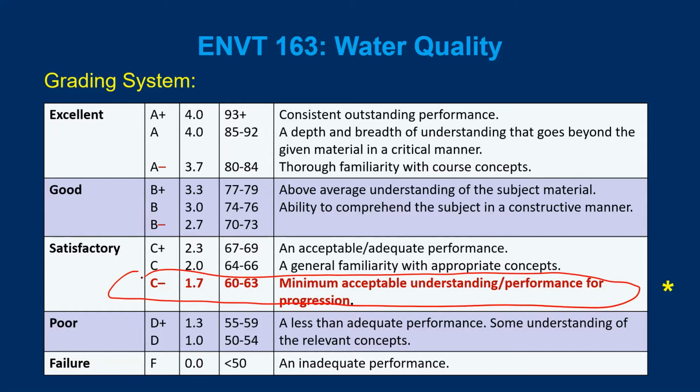You're going to need a C minus to take any course after this. I think with the diploma you can graduate with 1 or 2 Ds as long as they're not prerequisites for something else. So I'm hoping people are not aiming for a C minus, but something a lot better. And I think all of you certainly can do a lot better. So hopefully we're going to have some great grades in this course.